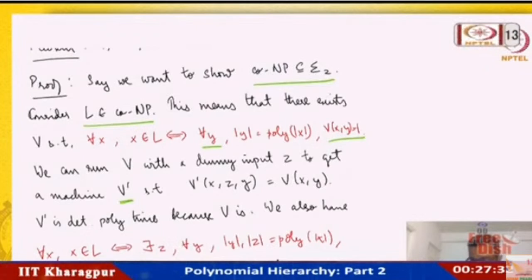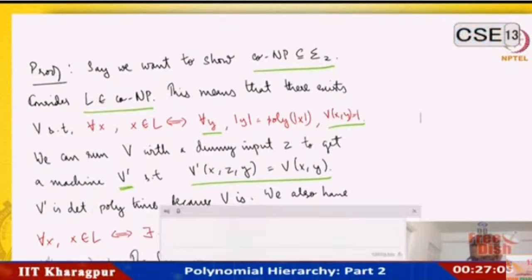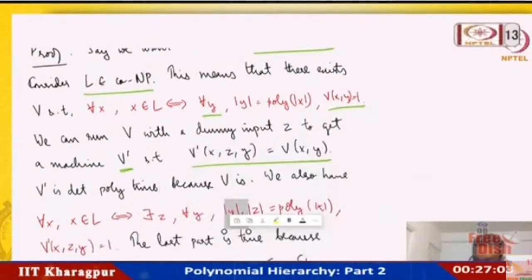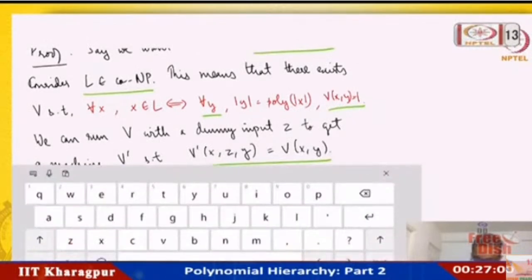V prime of X, Z, Y is simply defined as V of X, Y. If V prime gets X, Z, Y as input, it just runs V on X and Y. It just ignores Z. Since V is deterministic polynomial time because L is in coNP, V prime is also deterministic and polynomial time.